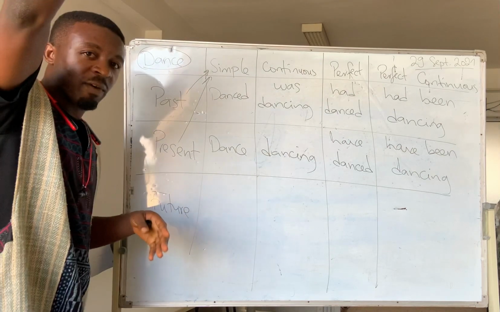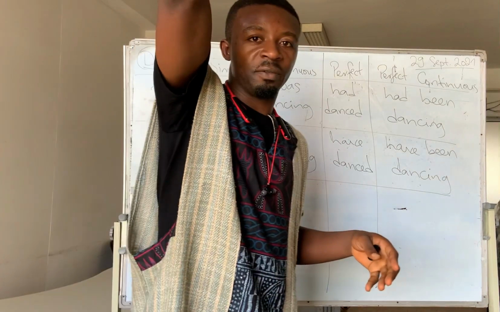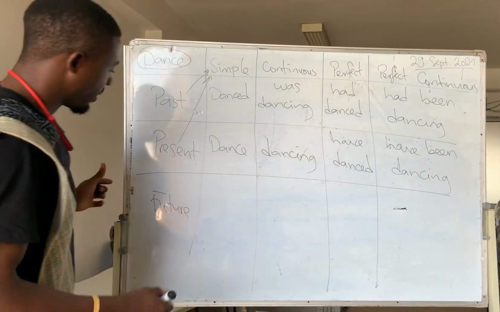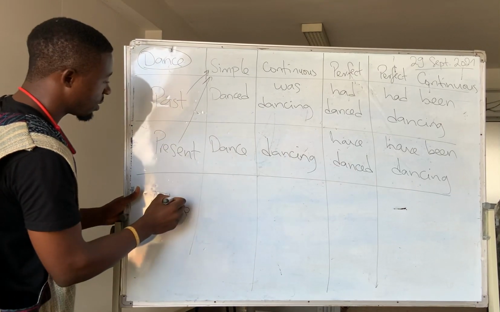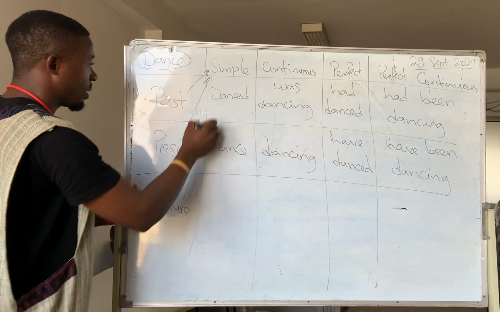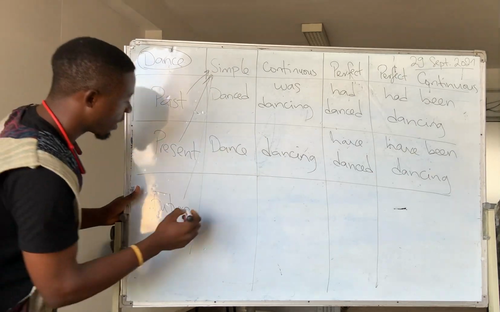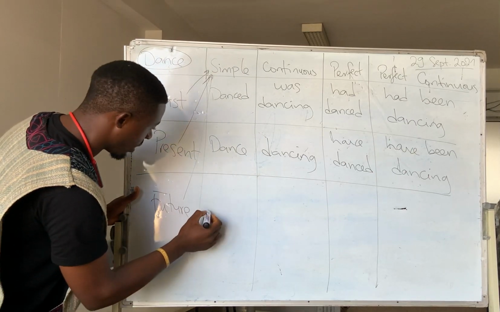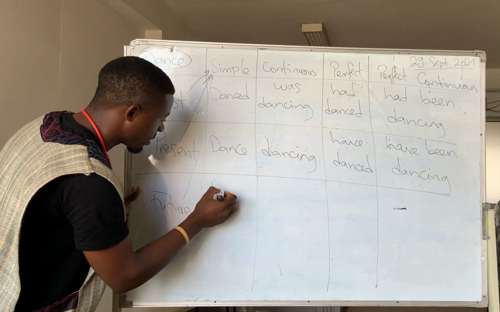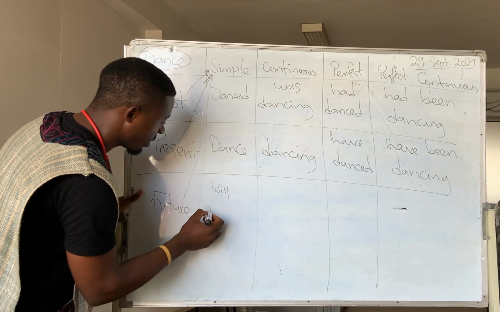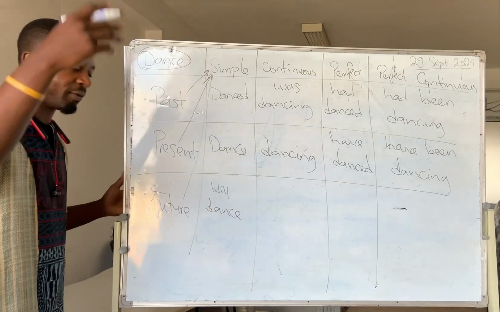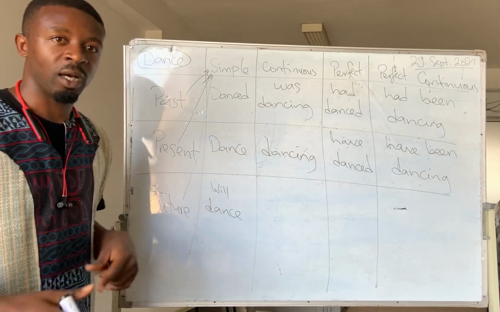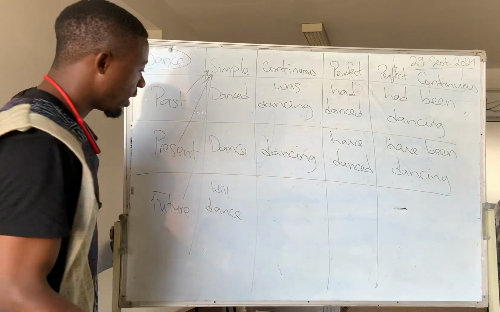If I want to talk about what will happen in the future, I simply come down here. I'm going to have future simple. It's going to give me will dance. You know, the future tense always uses modal auxiliaries.